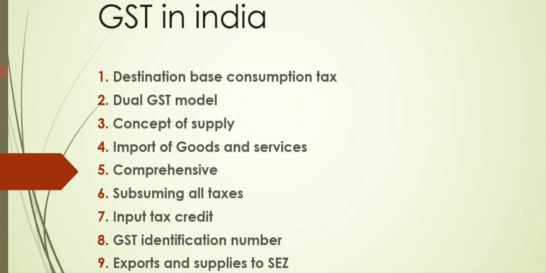And next one, eighth one, GST identification number. See here, every registered person under GST, including exporters and importers, is given a PAN based GST number, which is common to both state GST and central GST. And next one, exports and supplies to SEZ.